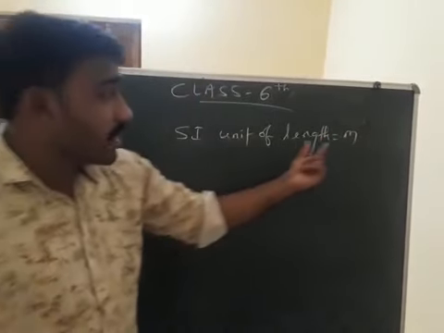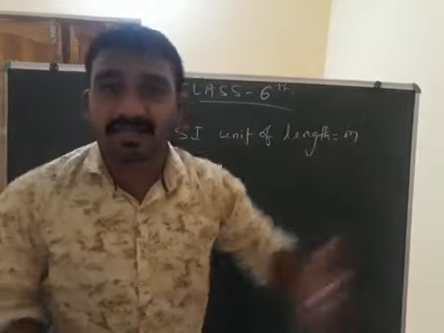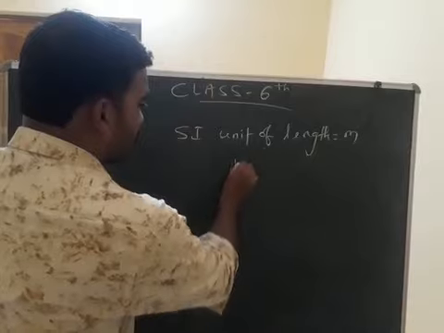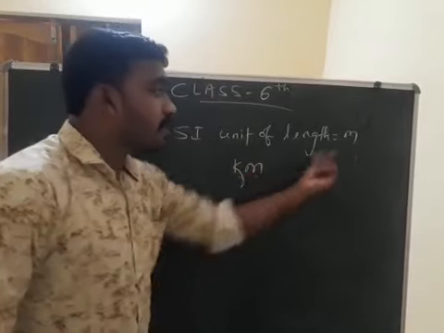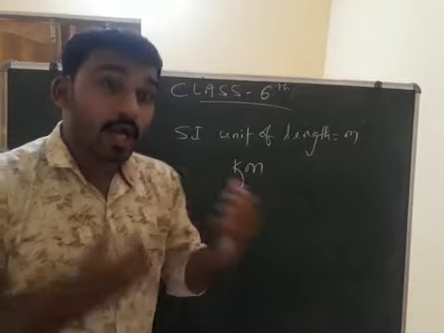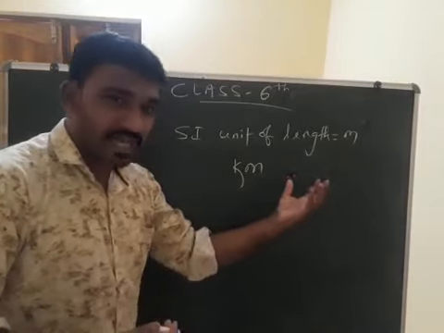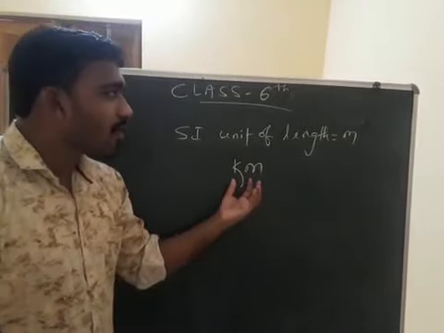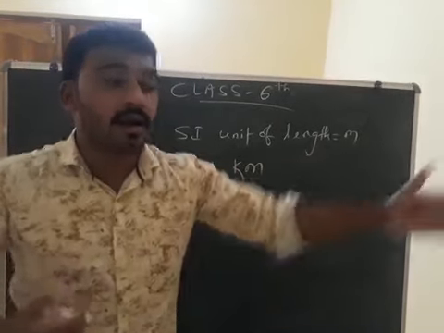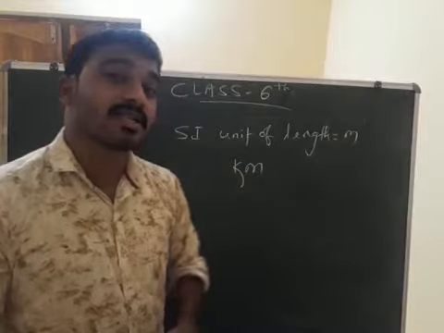But in meter we cannot measure that much distance, so we use kilometer, which is a multiple of meter. I told you the prefix kilo, then the SI unit meter. The prefix kilo is applicable for longer distances, if the distance is large.